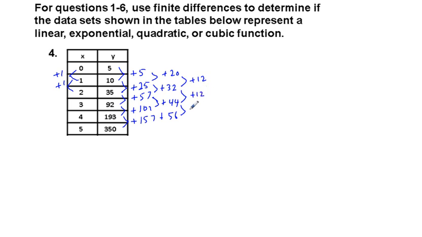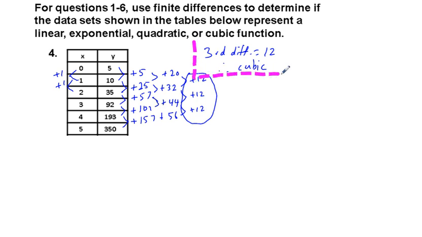And 56 minus 44, plus 12. So we have third differences equal to 12, therefore cubic. The cubic relation here. Okay, I wanted to show what a cubic relation looked like. That's why I went to 4 instead of 5.